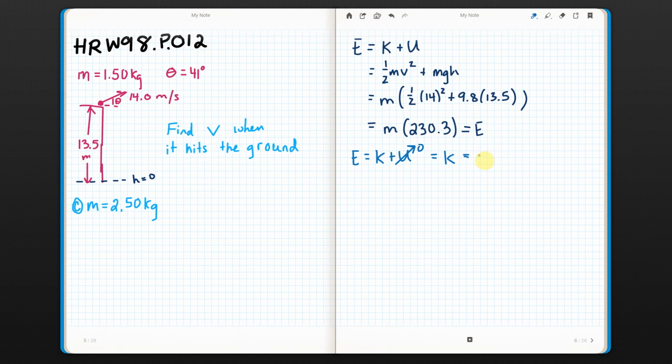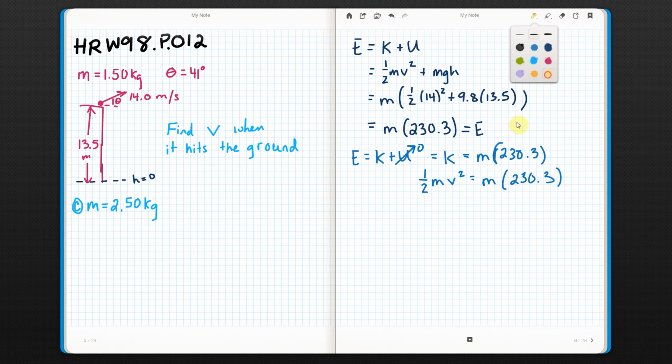So that equals m times 230.3. Well, kinetic energy is 1/2 mv squared, so that equals m times 230.3. And see, just like I thought, the masses cancel out.